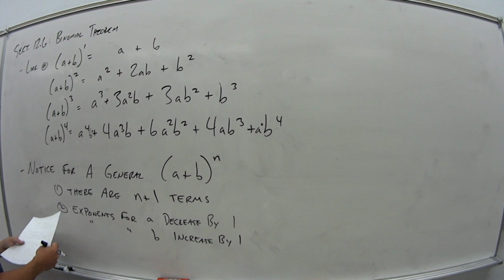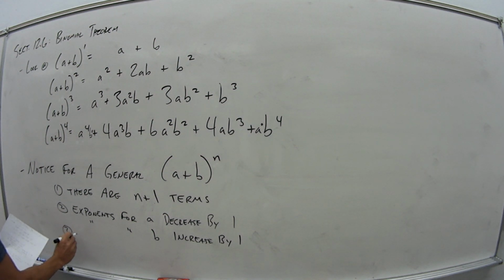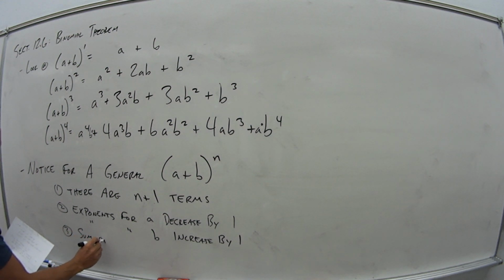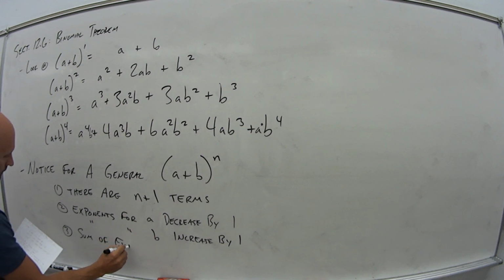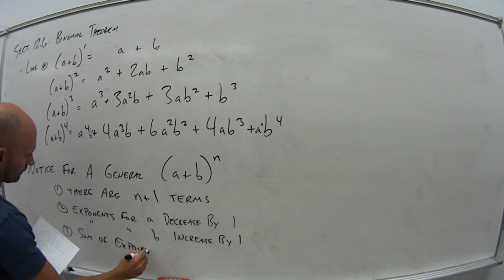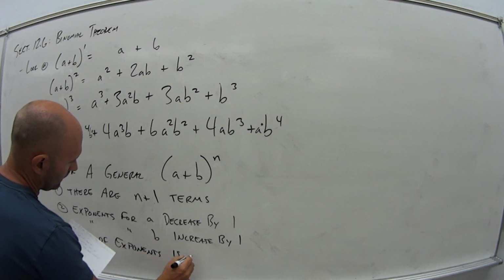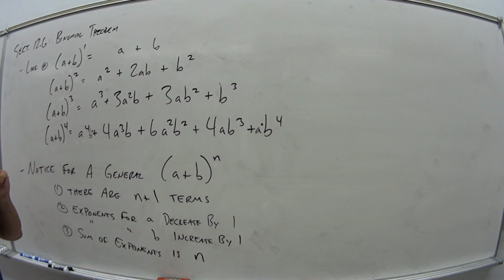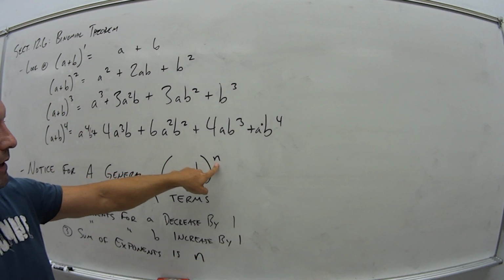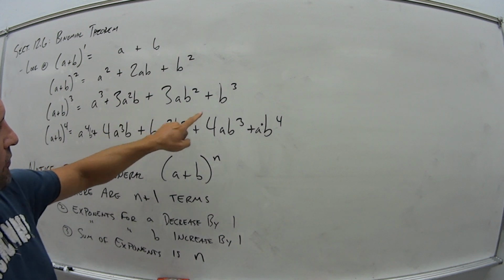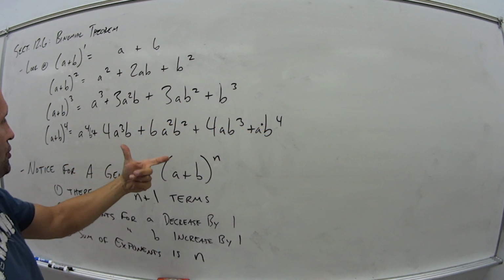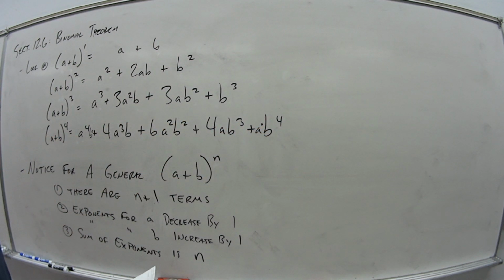So the sum of the exponents is equal to n. Whatever power I'm raising this to, if I add up the exponents for each term, it should equal that value n.